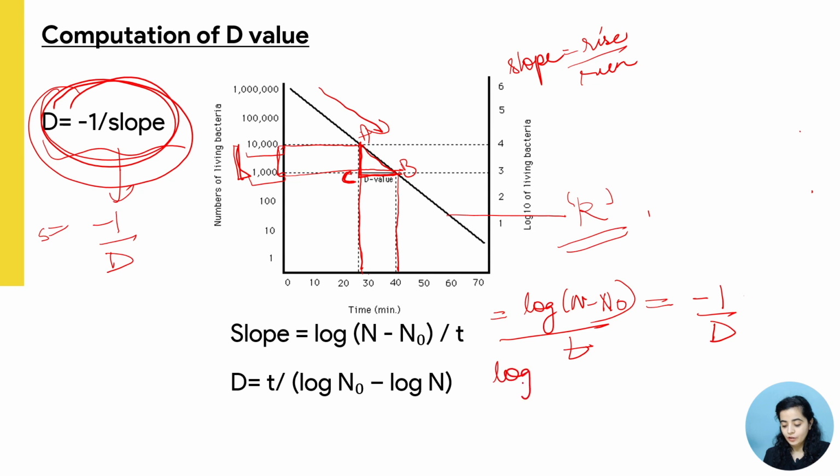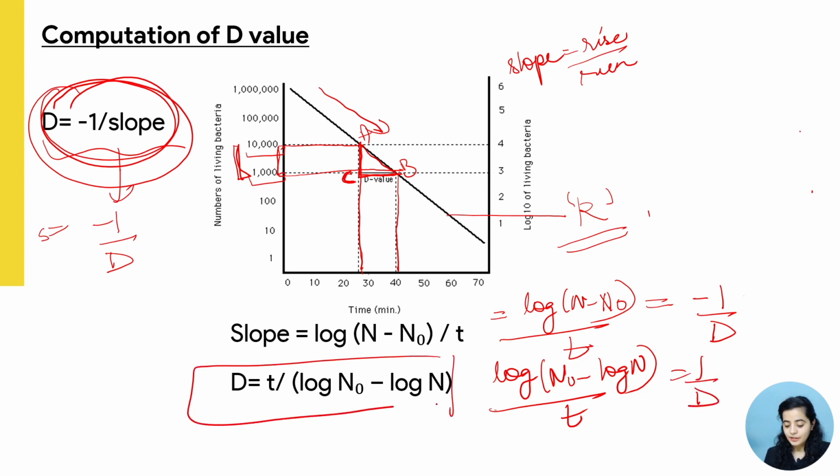So we get log N naught minus log N upon T is equal to 1 upon D. So we get D is equal to T upon log N naught minus log N, where N naught is your initial population and N is your reduced population. This equation is generally used in thermal calculations.